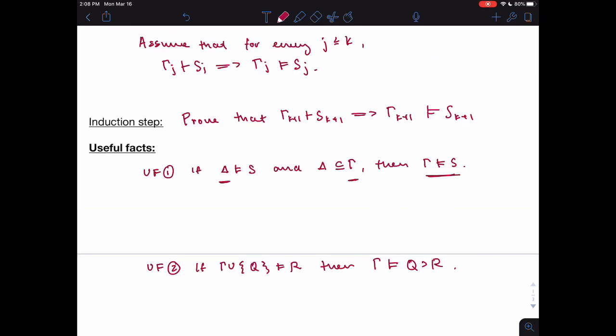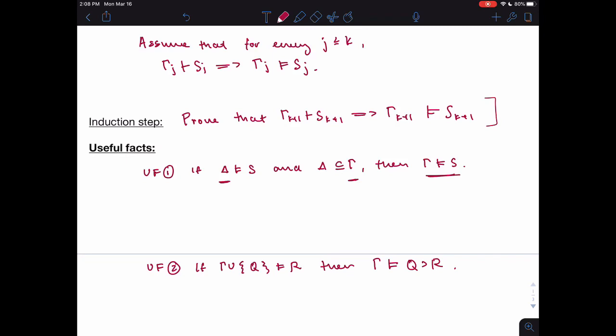Now that we have the two useful facts under our belt, it's time to get started with the induction step. We're going to prove that the soundness theorem holds for any derivation of length k plus 1.